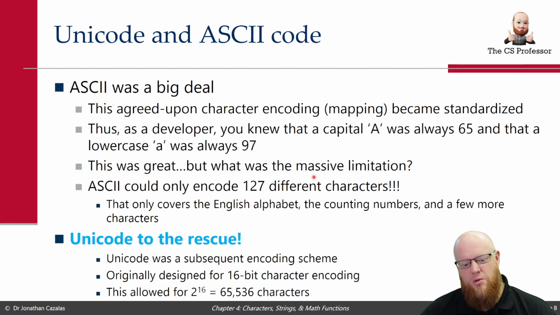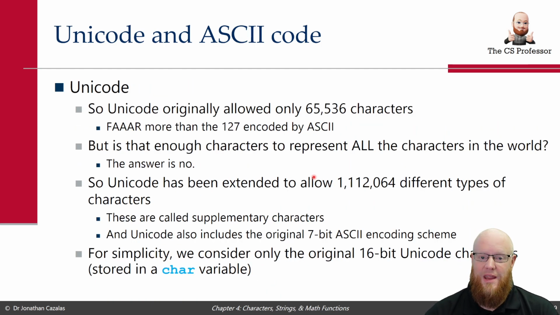So Unicode entered the scene and came to the rescue. What is Unicode? Instead of being a 7-bit encoding scheme, it was a 16-bit encoding scheme. So now you take 2 raised to the 16th power, you get 65,000 different characters that you can make with Unicode.